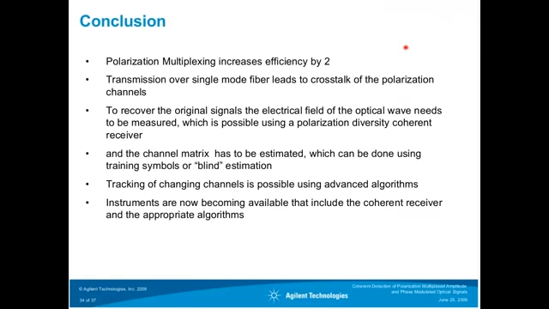For that, we need to have a polarization diversity coherent receiver, and we have to estimate the channel matrix, which we can do using training symbols or blind estimation. The tracking of these changing channels is possible using advanced algorithms, namely these decision-based algorithms we have shown before, and instruments, as we have shown some screenshots, are now becoming available, which include the coherent receiver and the appropriate algorithms to do the channel matrix estimation.